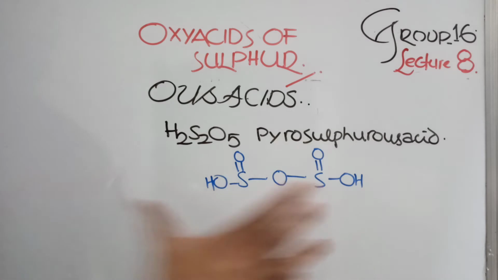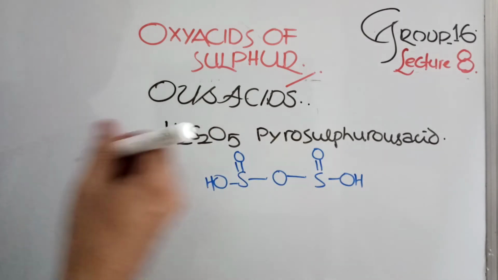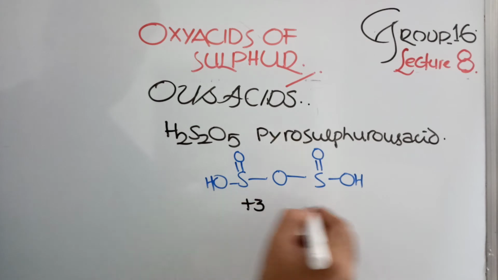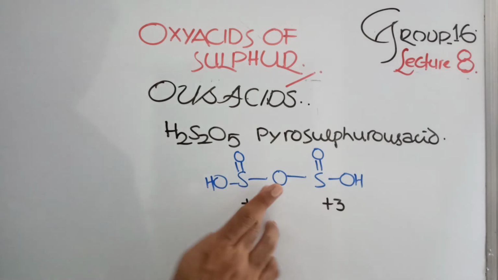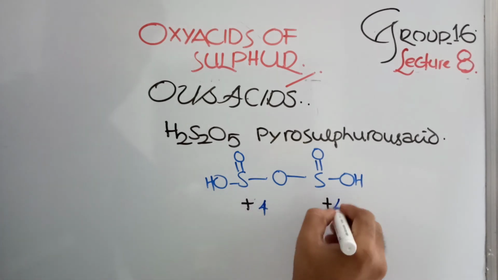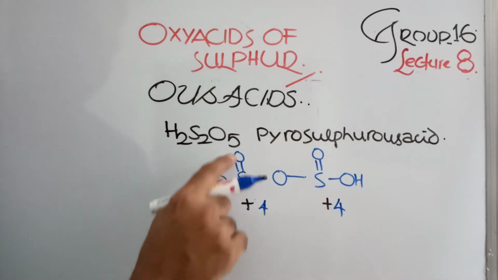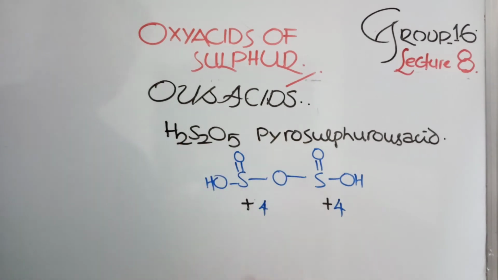You can check H2, 5 oxygens, and sulfur oxidation state is +3. As I said, lower oxidation states. Sorry, +4. +4 only. 1, 2, 3. Okay, this is double bond. H2S2O5, even sulfur +4 only.